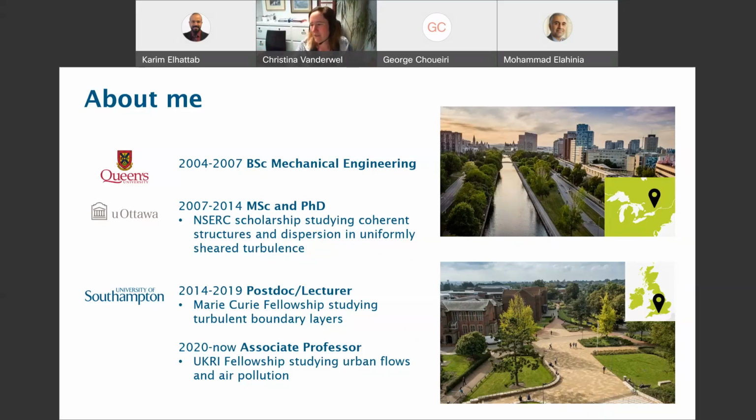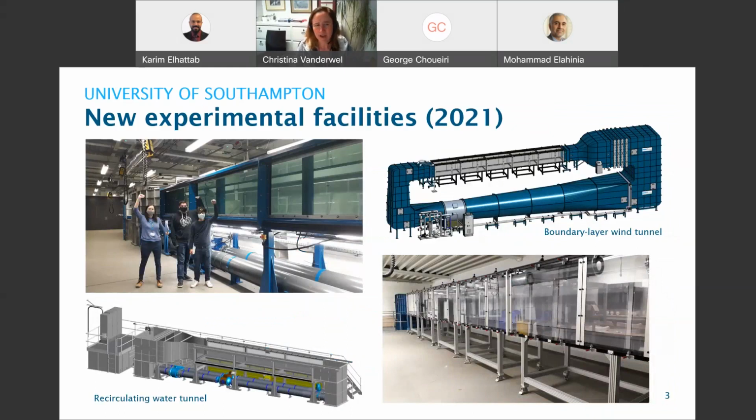And what's great about Southampton and what really drew me here in the first place were the excellent wind tunnel and water tunnel facilities. And we've just invested in a whole bunch more, and I can show you that on this slide. These brand new water tunnel and wind tunnel facilities were installed last year, actually, over 2020 and 2021, a little bit delayed because of COVID, but wasn't everything.